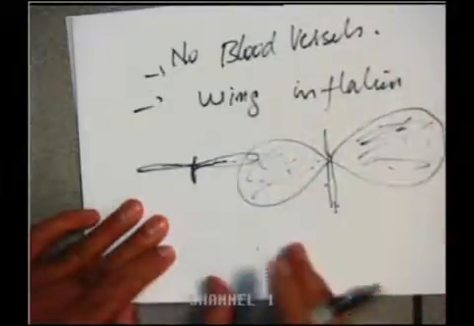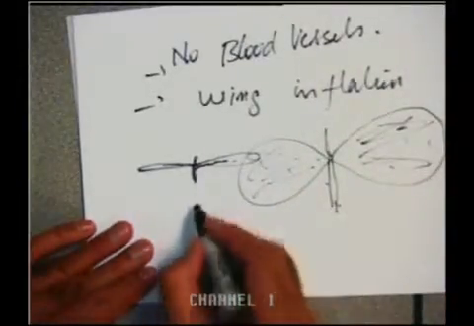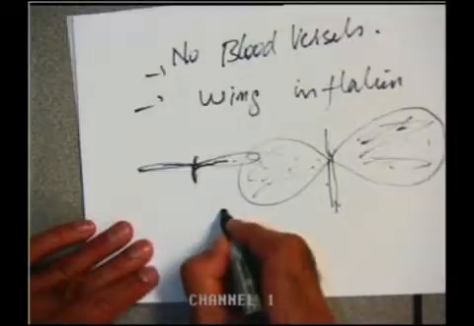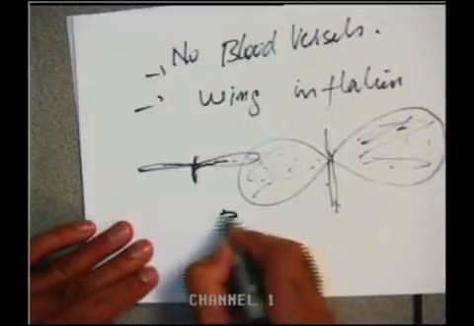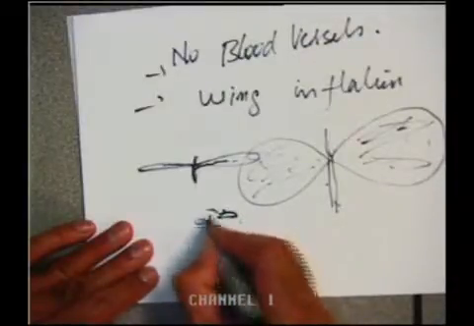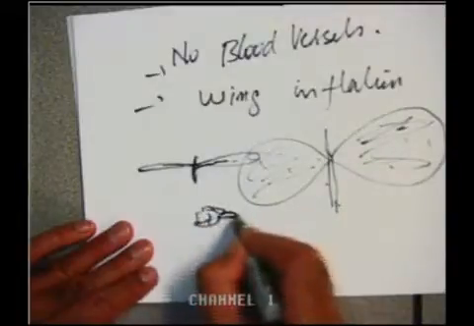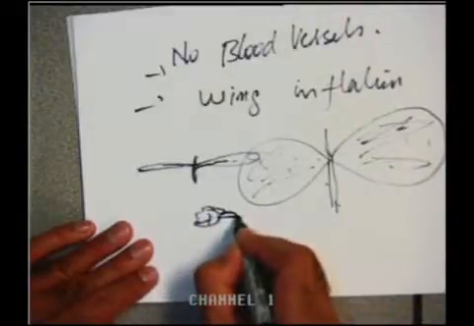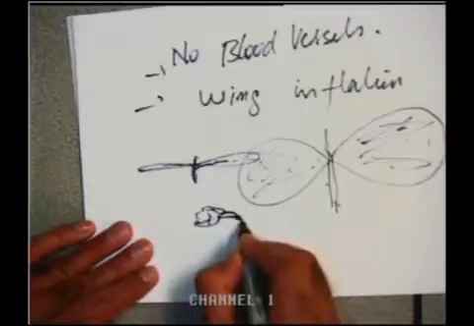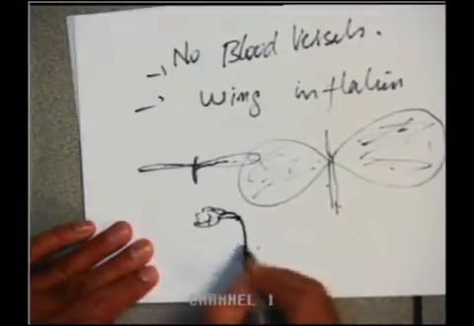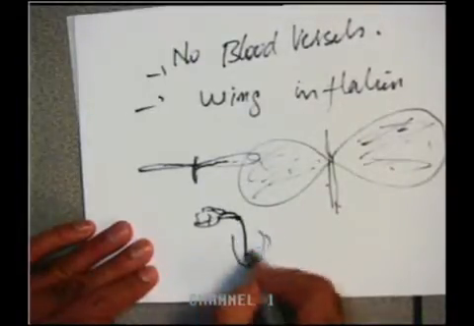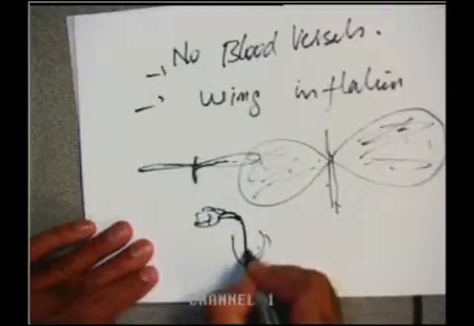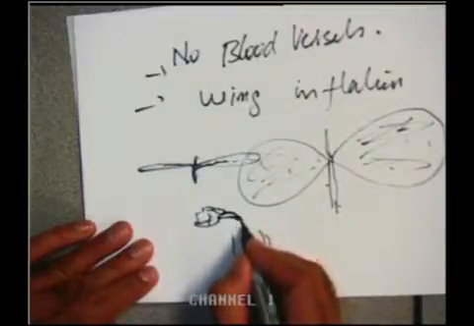Wing inflation. And also in some insects, like honeybees, right? What will the honeybees do? Suppose these are honeybees, and they suck from the flower with the honey at the end, right? So it will protrude over there.